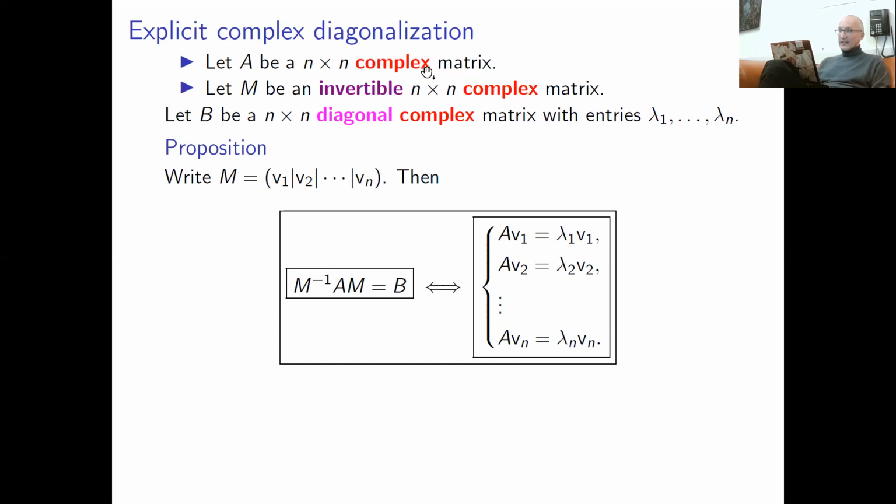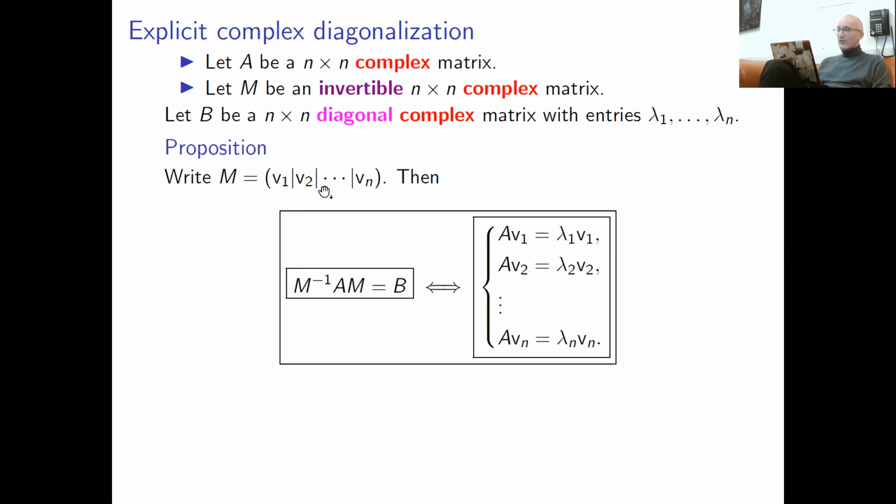So if you have an n times n complex matrix A and you fix some invertible n times n complex matrix M, and you take B to be a diagonal complex matrix with entries lambda 1 to lambda n, and you denote the columns of M by V1, V2, up to Vn, then you have the equality inverse of M times A times M equals diagonal matrix B, if and only if we have this system of equalities: AV1 is lambda 1 times V1, AV2 is lambda 2 times V2, and AVn is lambda n times Vn.